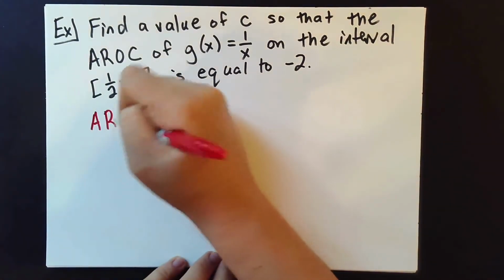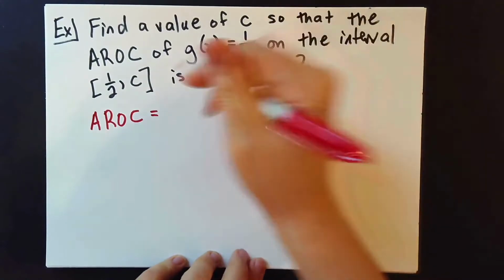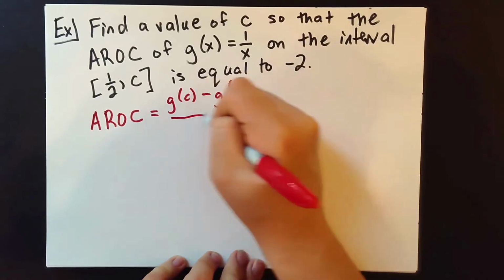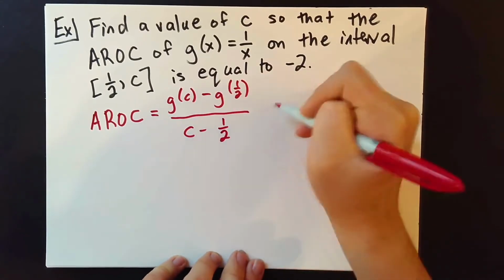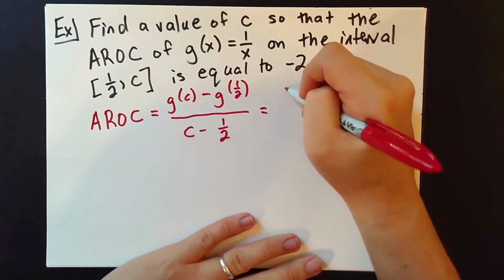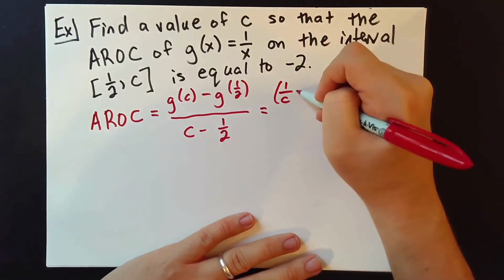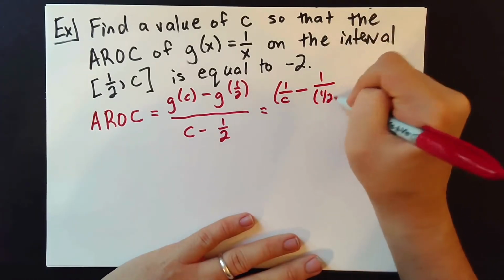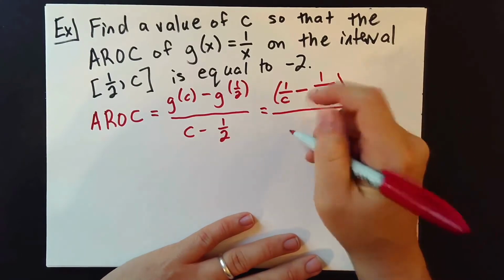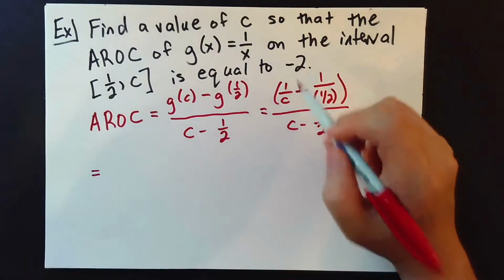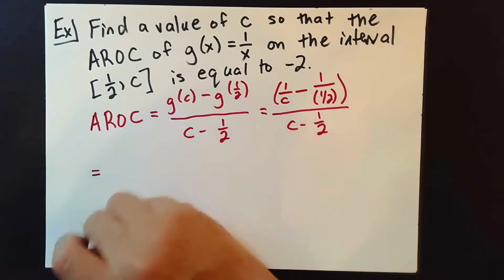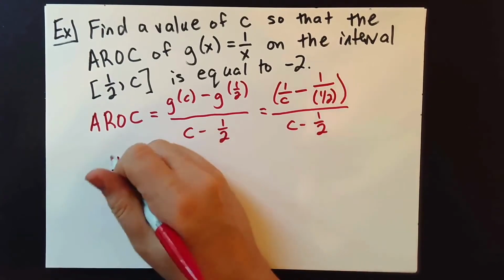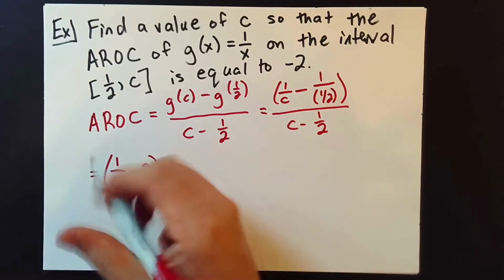So let's write down our average rate of change. It is going to be g of c minus g of 1/2 divided by c minus 1/2, which is going to be 1 over c minus 1 over 1/2 divided by c minus 1/2. 1 over 1/2 is 2, so this is 1 over c minus 2 divided by c minus 1/2.